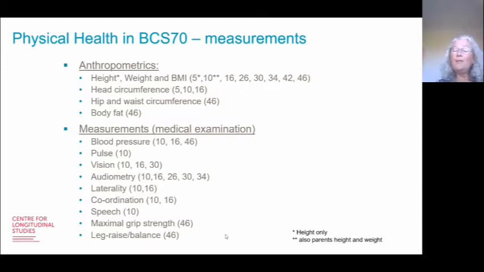The medical examinations at age 10, 16 and 46 have captured a range of measurements. For example, in childhood, you have blood pressure, pulse, vision, hearing, laterality, coordination and speech. And also in midlife, measures of aging such as maximal grip strength and leg raise balance.